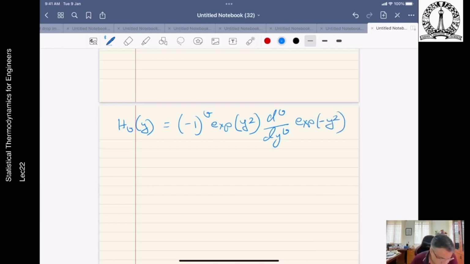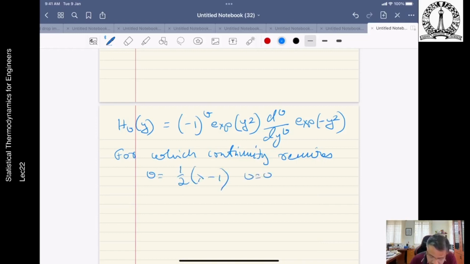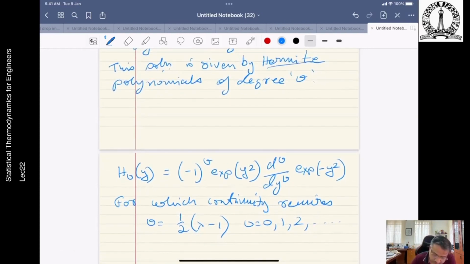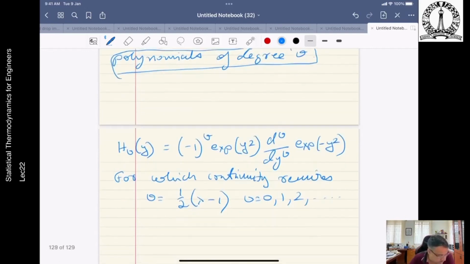For continuity, continuity requires v equal to half lambda minus 1, with v equal to 0, 1, 2, and so on. So this is called the Hermite polynomials of degree v.